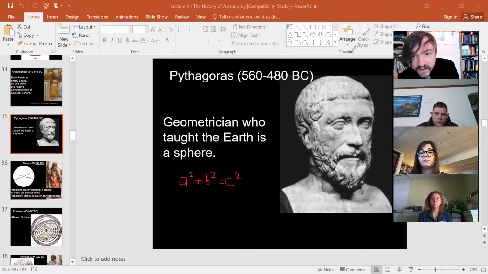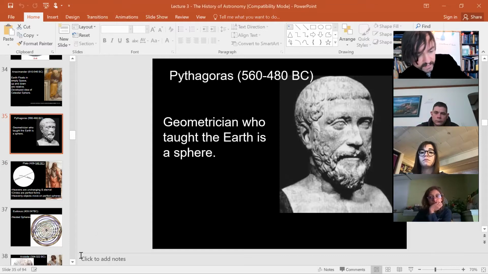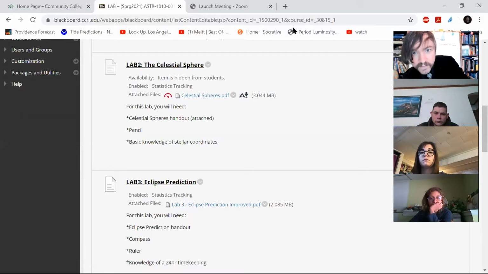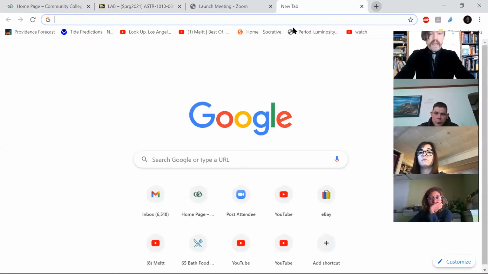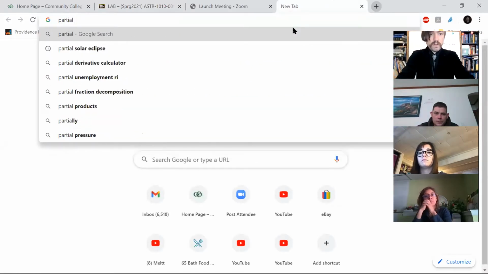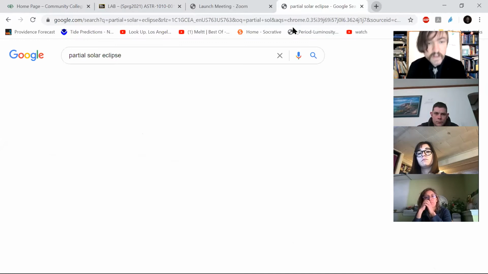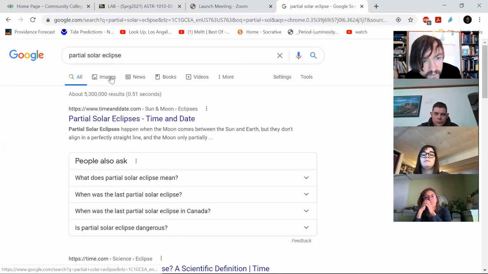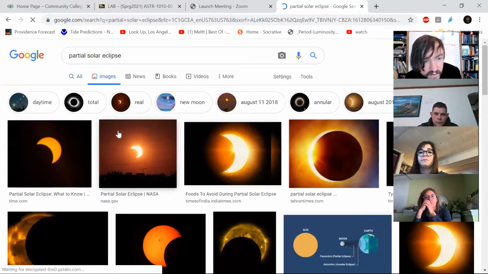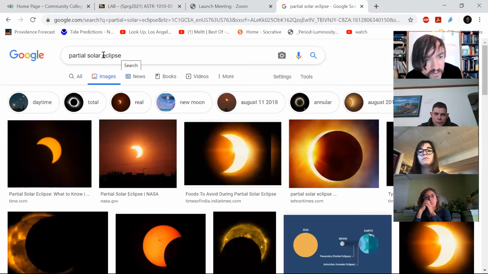One of the ways that Aristotle argued that Earth must be a sphere is kind of a clever one. He noted that during a partial lunar eclipse, the shadow that Earth made on the moon was curved. I'm sorry, not a partial solar eclipse, a partial lunar eclipse.